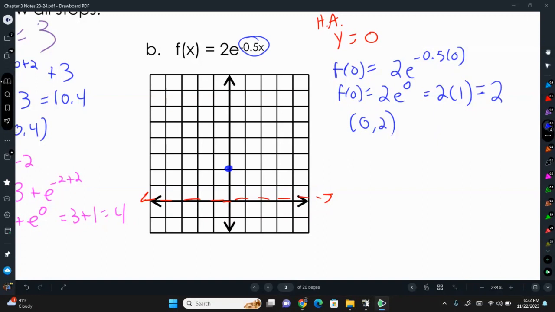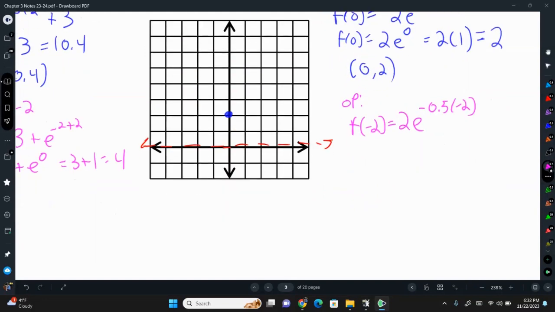Well, what number times negative 0.5 will give us positive 1? That'll be negative 2. So our other point, we're going to substitute in negative 2, because that's going to give us an exponent of 1.